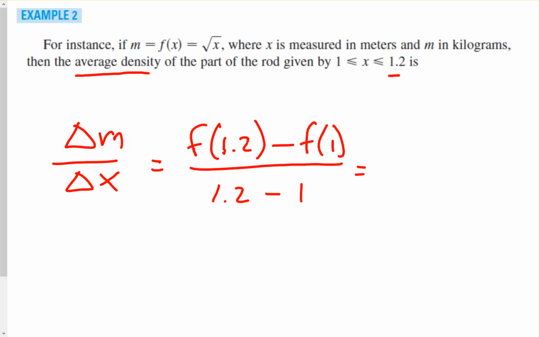So if we plug 1.2 into our function, we're going to get square root of 1.2 minus, plug in 1, square root of 1 is 1, and then 1.2 minus 1 would be just 0.2. So doing this gives us approximately 0.48 kilograms per meter.